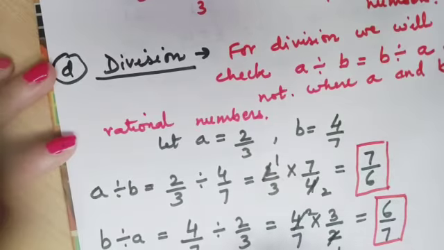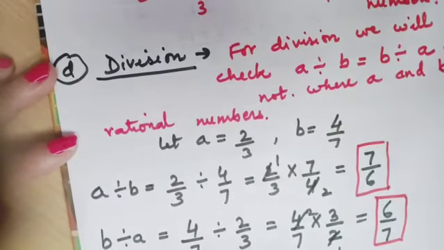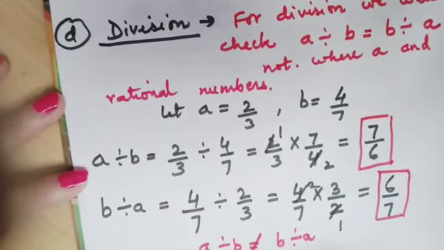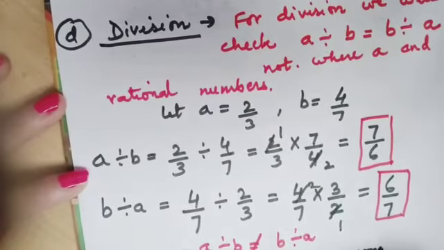These two are not equal. ये इक्वल नहीं है. So what is the conclusion? Division is not commutative for rational numbers.